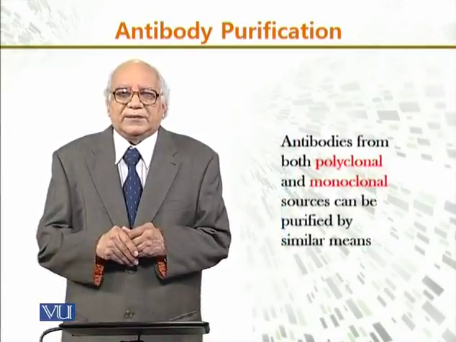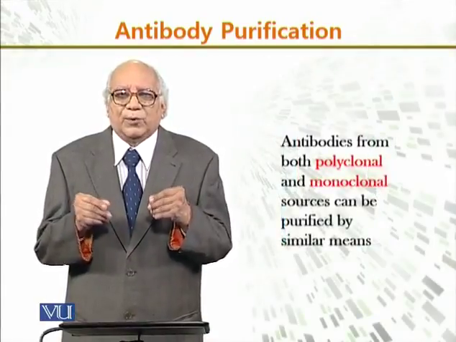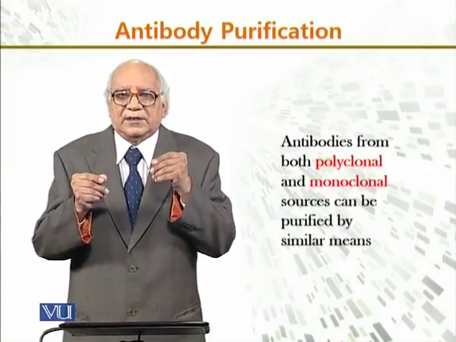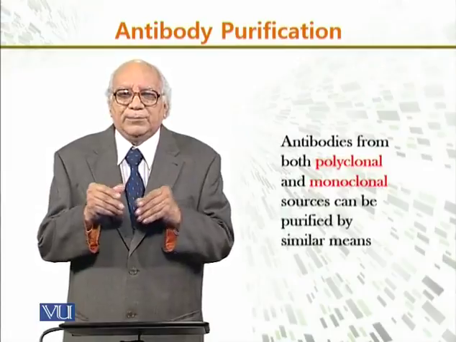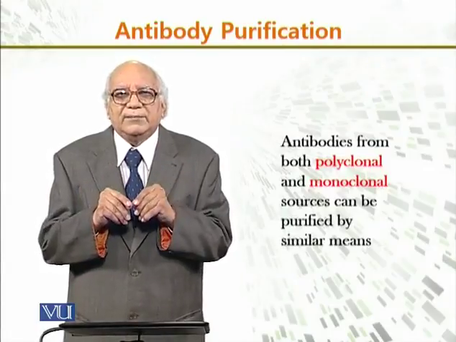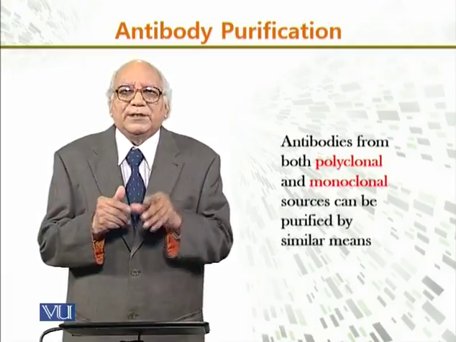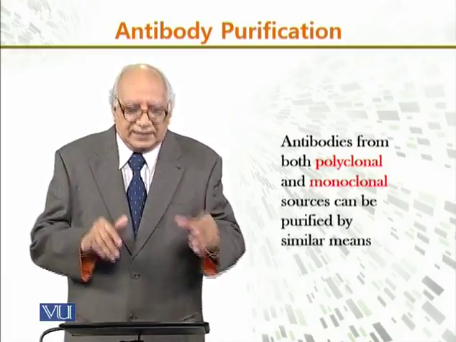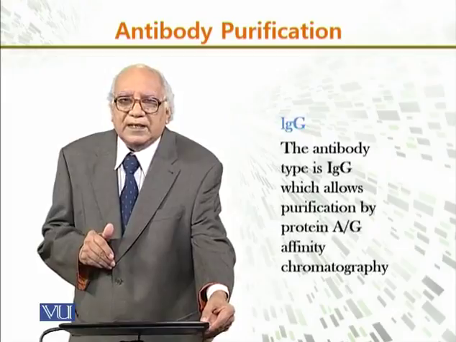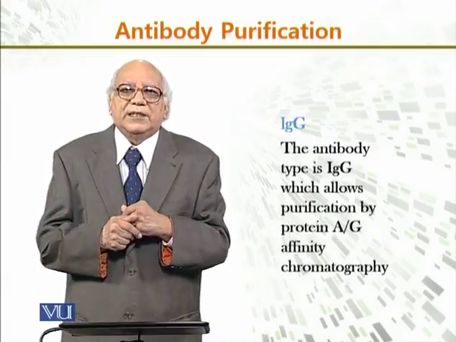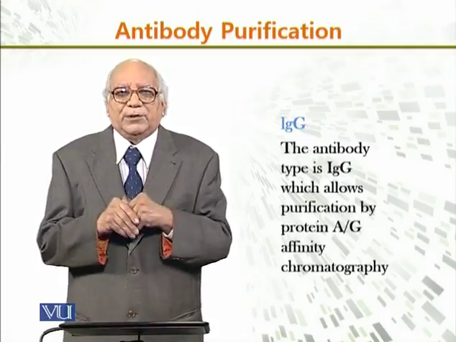Now, antibodies from both polyclonal and monoclonal sources can be purified by similar means, that is, we use columns for affinity chromatography, and then the antibody which is adsorbed on the column is eluted and further purified.